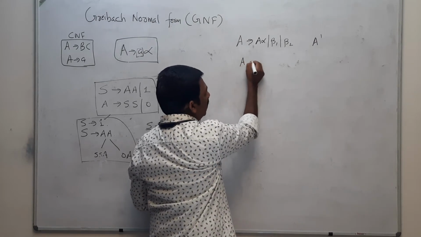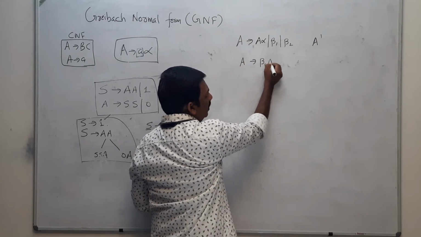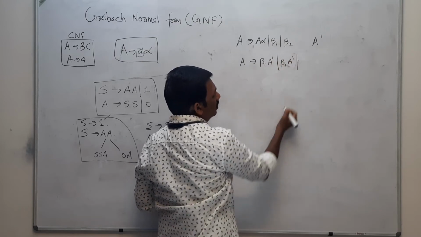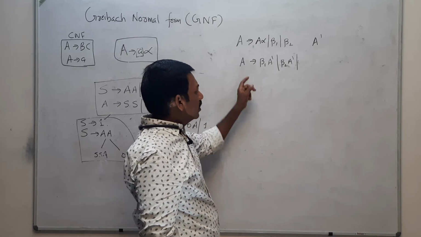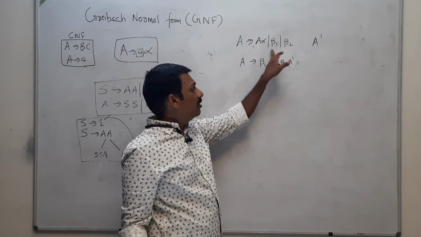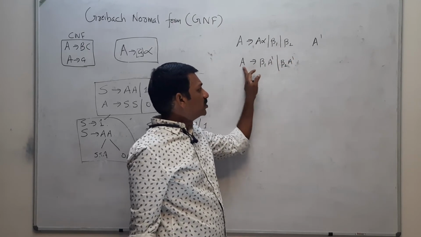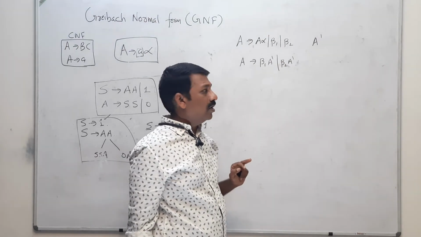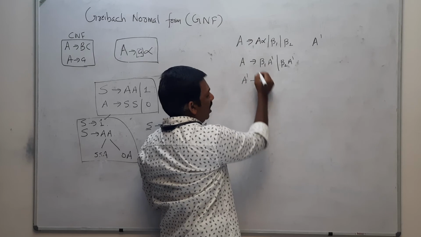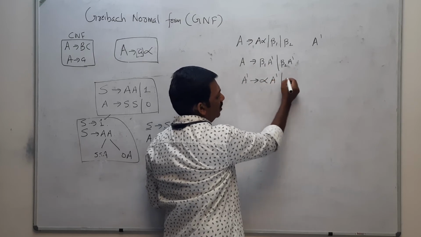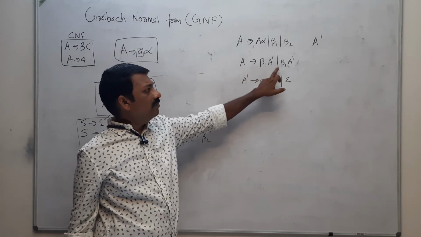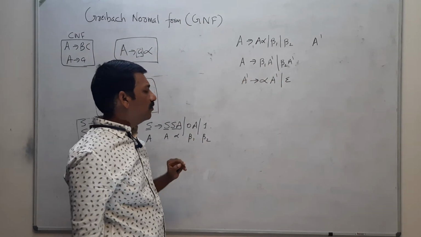Now A derives beta 1 A dash or beta 2 A dash. We have two beta productions. Now what are the A dash productions? A dash derives alpha A dash or epsilon. Now we have to replace this A, beta 1, beta 2, A dash, etc. Now what do you get?